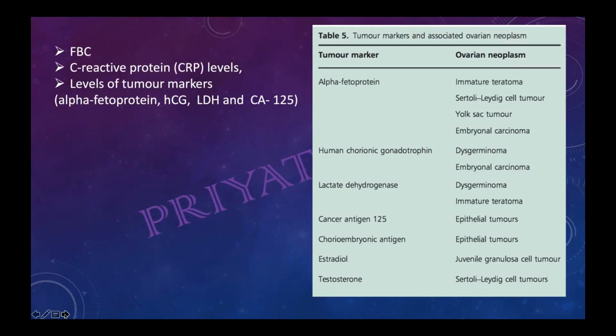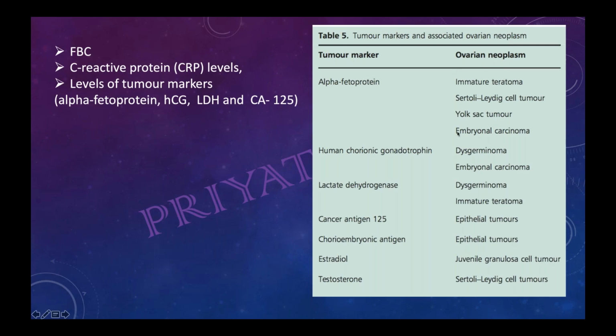Apart from imaging done for the diagnosis, a few other tests are done: full blood count, CRP, and tumor markers. I have already discussed these tumor markers in the last class also. According to whatever the suspicion is, the tumor marker is done. Alpha fetoprotein will be raised in immature teratoma, Sertoli-Leydig cell tumor, yolk sac tumor, and embryonal carcinoma.